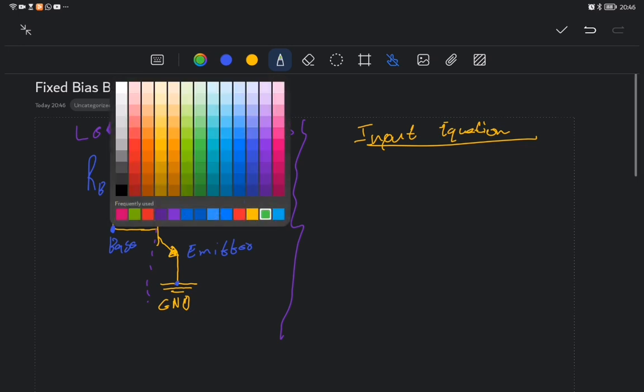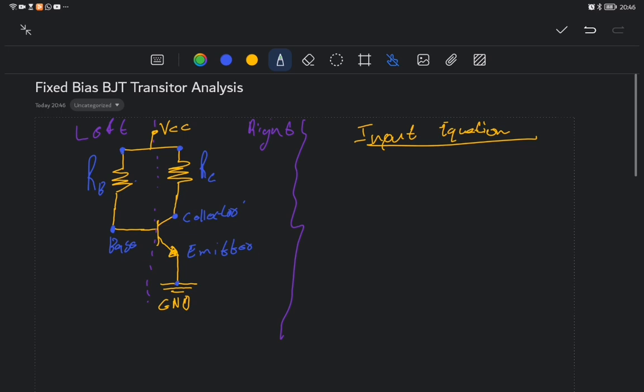Let me just use a brighter one. Between this section there's a voltage, and between this point and that point there is a voltage. The voltage here is the voltage between the base and the emitter, so it's VBE.